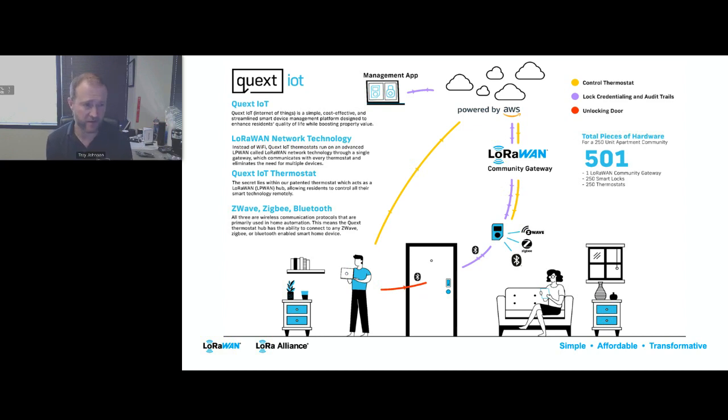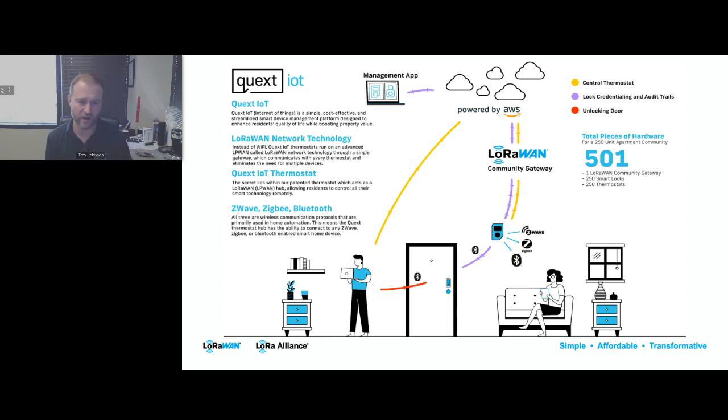Now, here's another thing that Quext IoT has done to make smart apartment technology very unique in our space. We've created a patented smart thermostat that leverages LoRaWAN as the backhaul and also serves as the smart hub for that apartment unit.